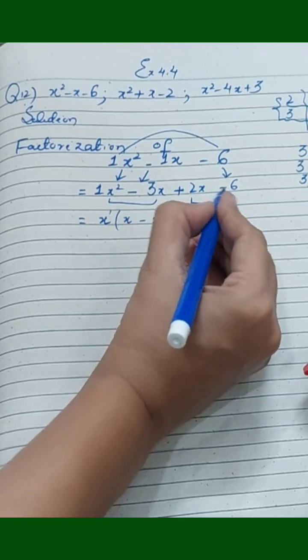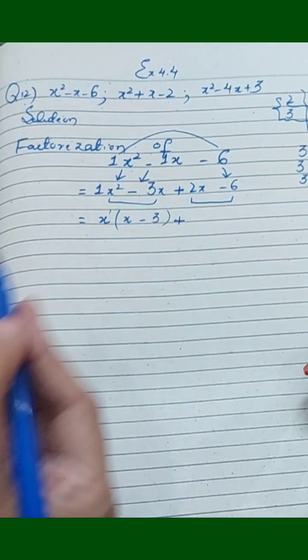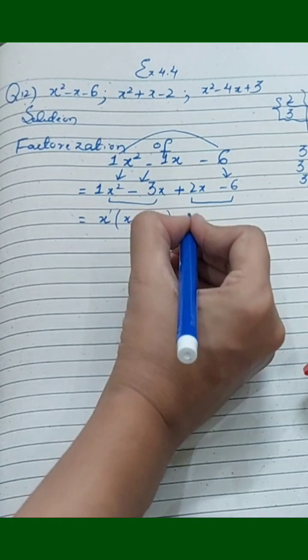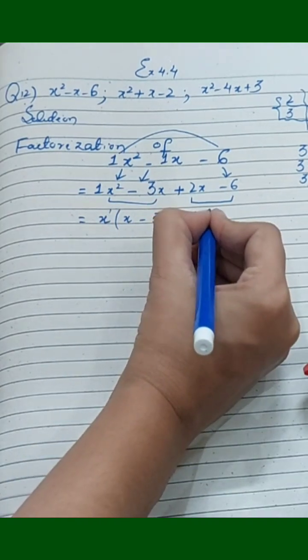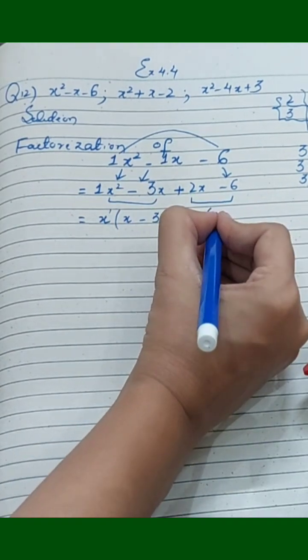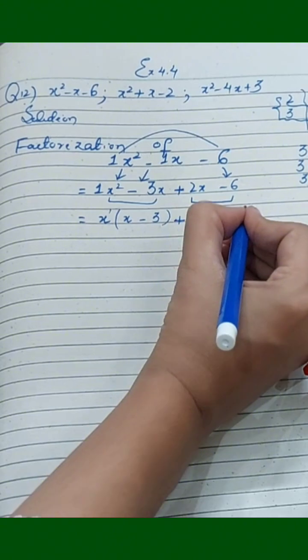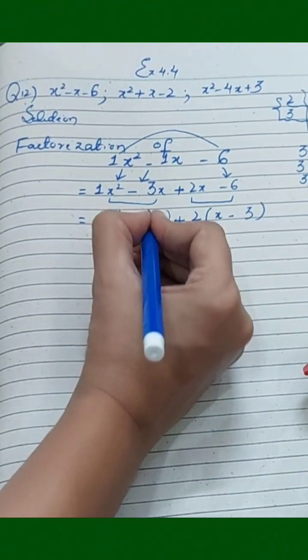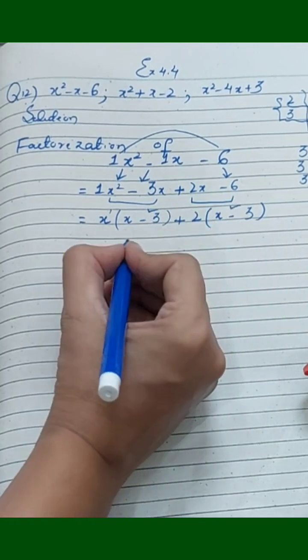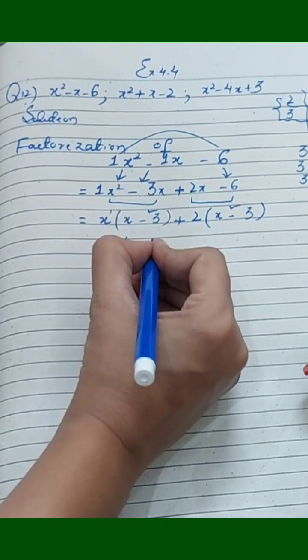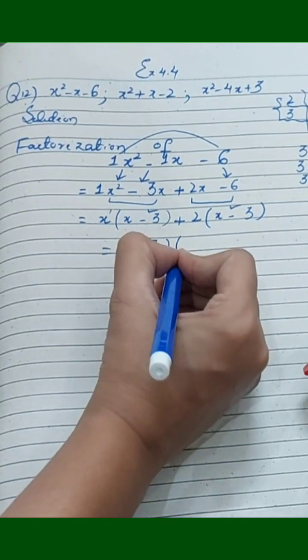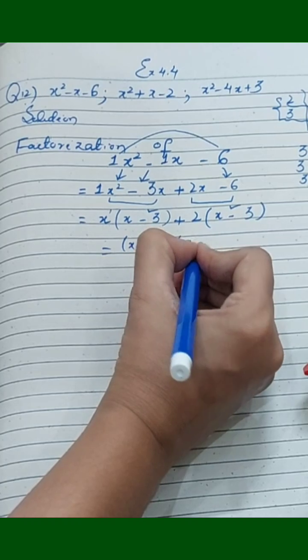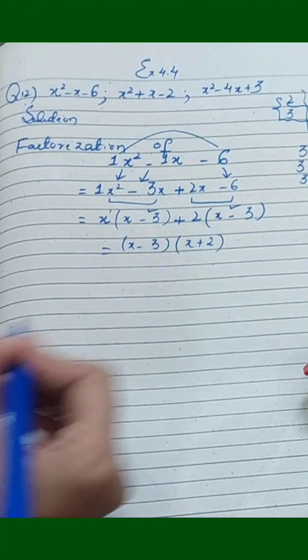Plus 6 is a multiple of 2. So here you can take 2 as common, then you can write within the bracket x minus 3. You can see x minus 3 is same here. You can take common x minus 3. The remaining element is x plus 2.